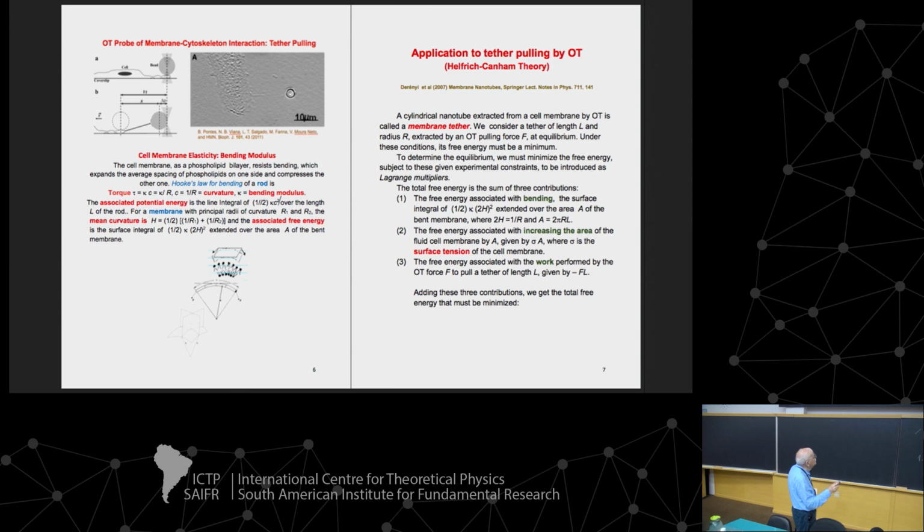Then there is the free energy associated with increasing the area of the membrane by an amount A, and this is sigma times A, where sigma is the surface tension. And finally, since you're performing work by pulling on the membrane, to pull a tether of length L, the free energy is minus F times L. So if you add these three contributions, you get the total free energy that must be minimized.